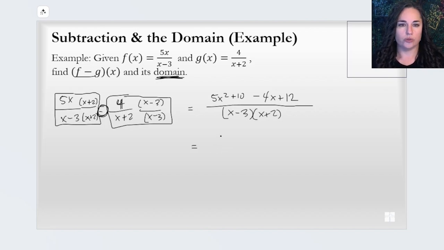A lot of times students will lose signs and then think they don't understand math at all, but it's just a sign. 5x squared. Does this need an x? Yeah, this is 10x. 5x times 2, that's a 10x. So I get plus, see, I just did it. I had an issue on it.